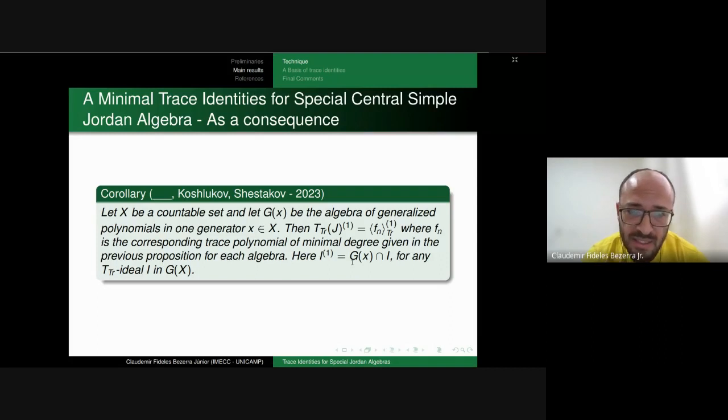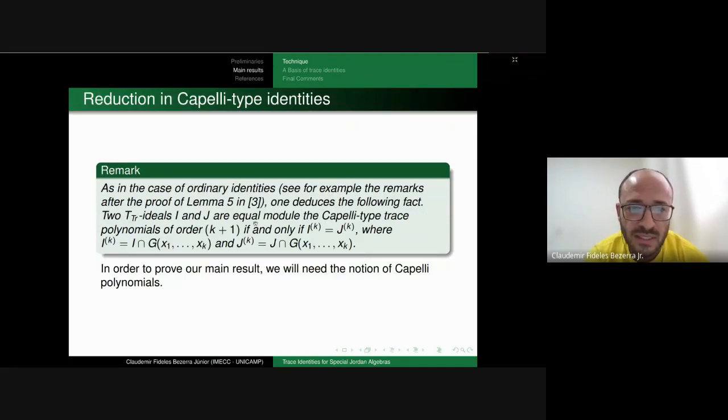Okay, this is important because I'm not sure if any of you know this remark. This remark is usual in the theory, and I need this for my results. Of course, this remark is for the case of ordinary identities, but we deduce it for my varieties of algebras.